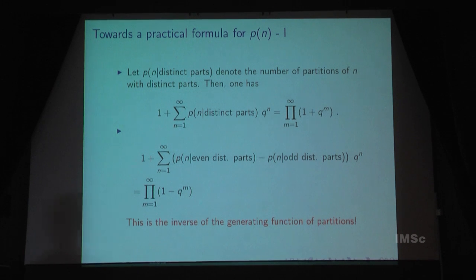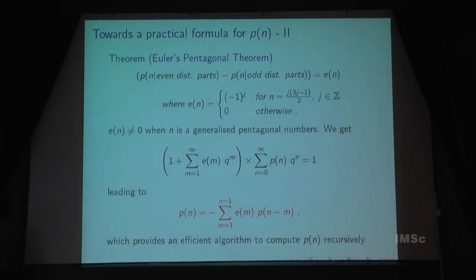Very simple. But here I need a theorem which says that p of n with even distinct parts minus p of n with odd distinct parts, call it E of n. Then what Euler showed is that E of n is generically 0 except for some few numbers, and these are numbers of this kind, and if j is just positive, these were called pentagonal numbers, and you can look it up.